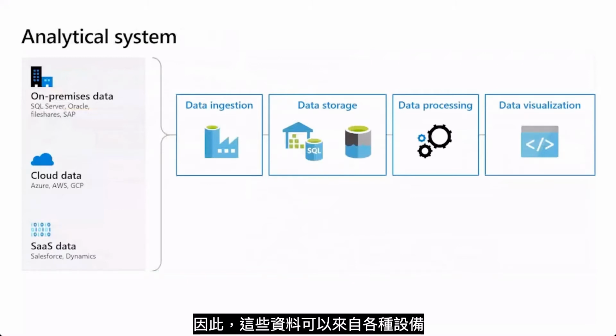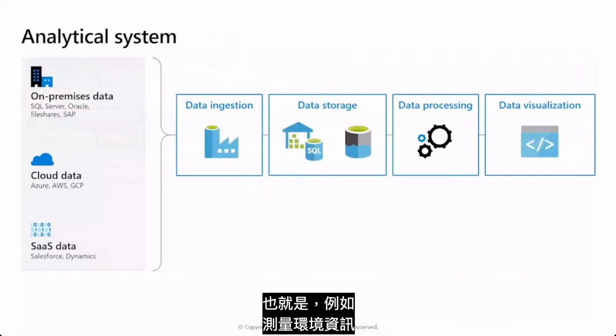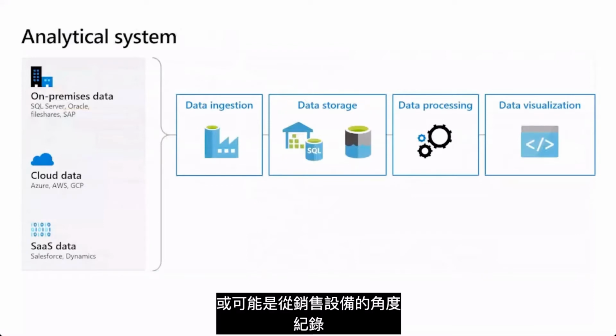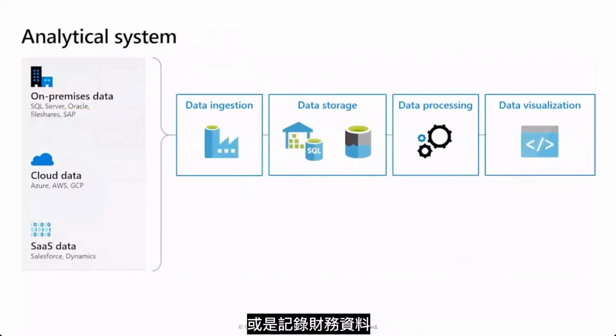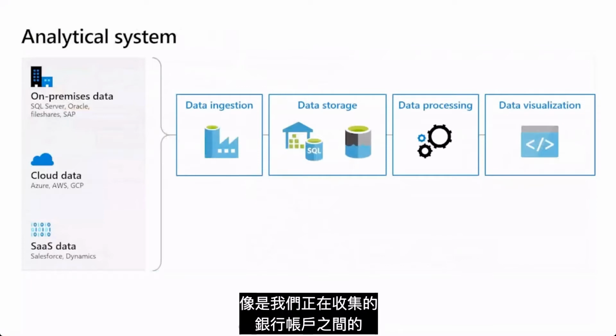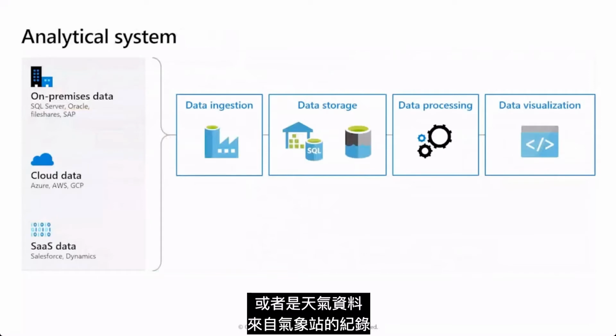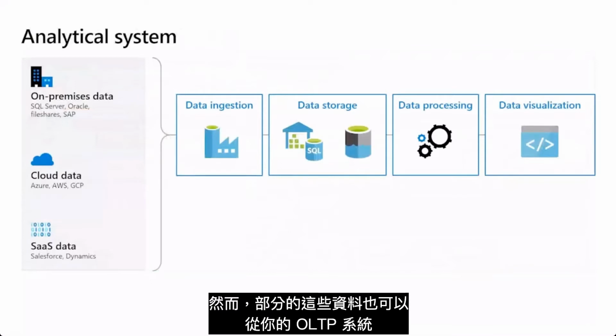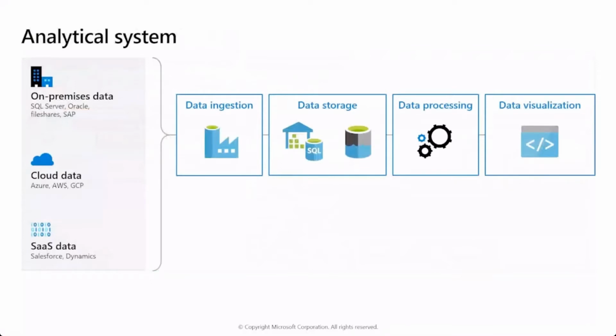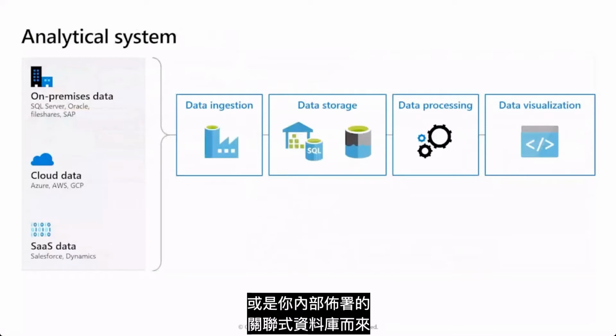This data could be taken from devices that are, for example, measuring environmental information like temperature and pressure, or from point of sale devices recording items being purchased by a customer in a supermarket, or financial data where we are collecting the movement of money between bank accounts, or weather data coming from a weather station. Some of this data can also come from your OLTP systems or your on-premises relational databases.